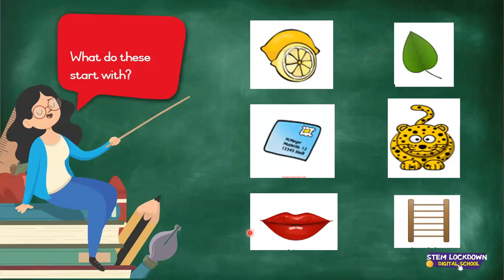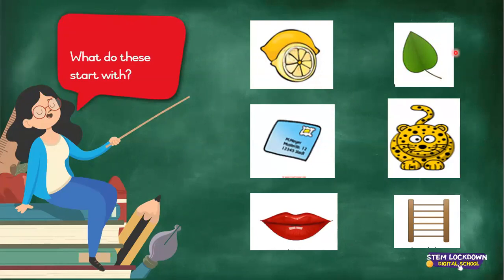Now we have all these pictures. What do these pictures start with? Let's have a look. What is this over here? This is a little lemon.